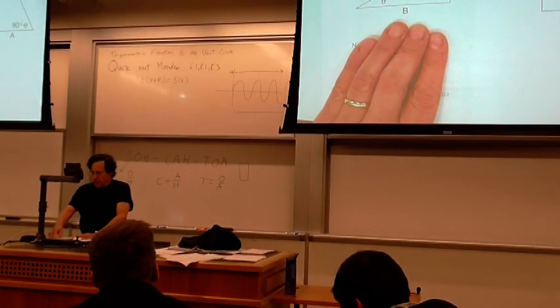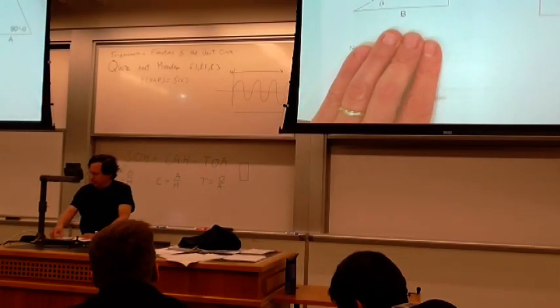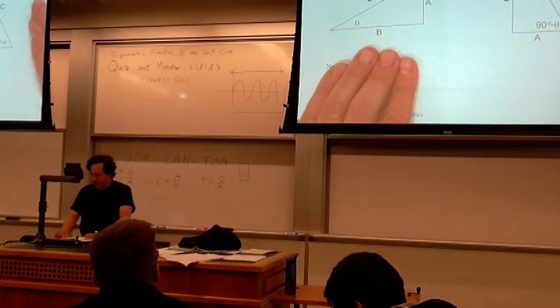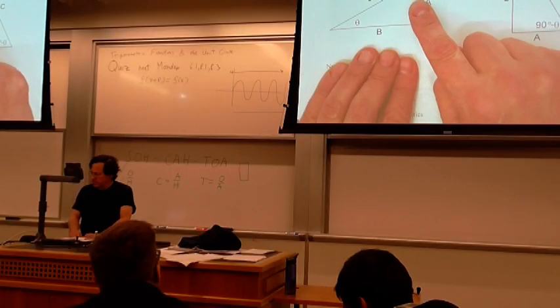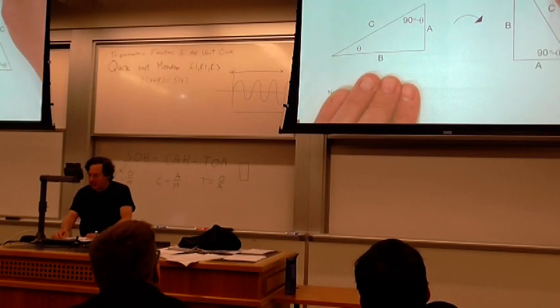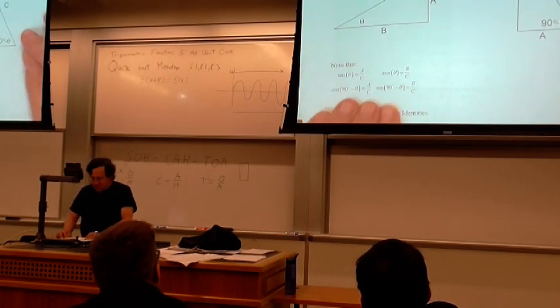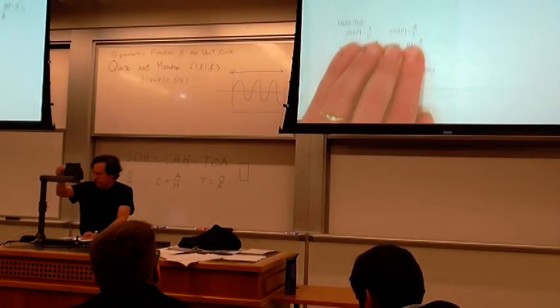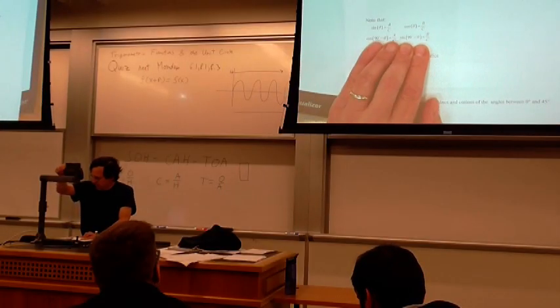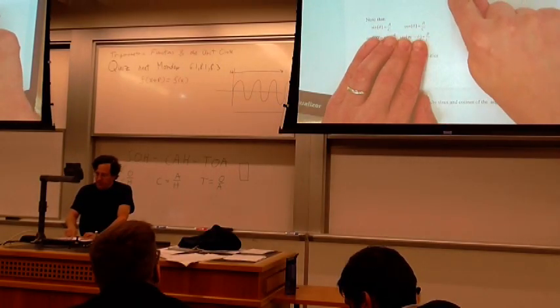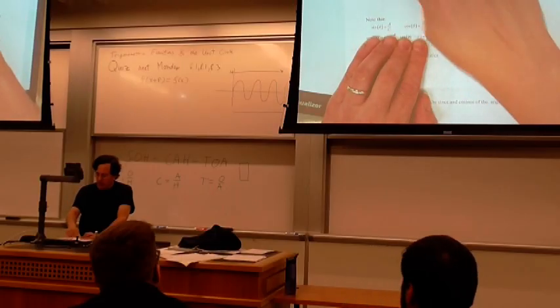And you could take this triangle and just flip it over, switch the angles this way. So let's take a look at that. What do we call these angles? They're complementary angles, right? Okay, so note that in this diagram the sine is A over C and the cosine is B over C. Opposite over hypotenuse, adjacent over hypotenuse.